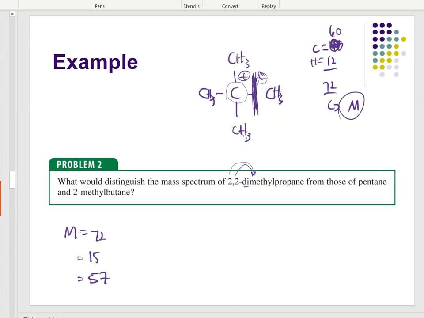Well, that's one way that I could cleave up this bond. I could also cleave it here. That would give me a 1 piece and a 4 carbon piece. That's no different, though, than what I just wrote down. So that's not going to make a difference. And then I'm going to cleave it here, and that would give me a 4 piece and a 1 piece.